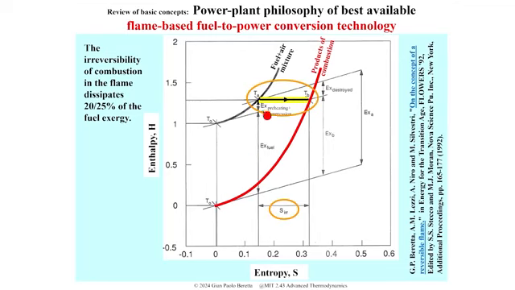And it turns out that when you burn your fuel in a flame, what you do is move from this to that, and you produce entropy by irreversibility. Whereas before burning it, your fuel had an exergy, which is represented by this much.